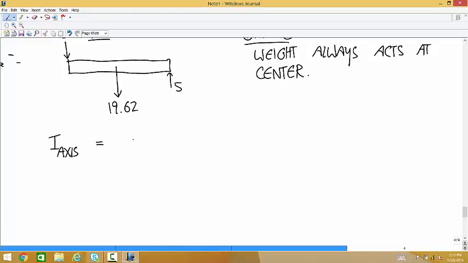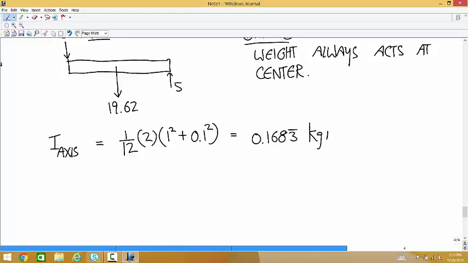So the moment of inertia is equal to 1/12 times the mass times the length squared plus the width squared, and you get a value of 0.1683 repeating kilogram meter squared.